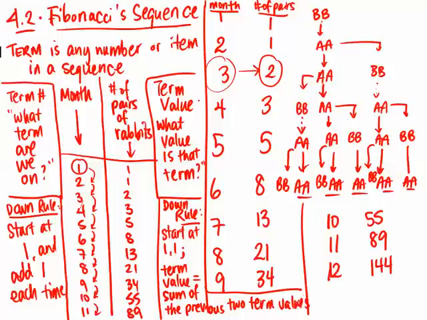Which means I start at 1 and 1, and then the next term value is the sum of the two previous term values. So for the next one, I need to know the two values preceding it.